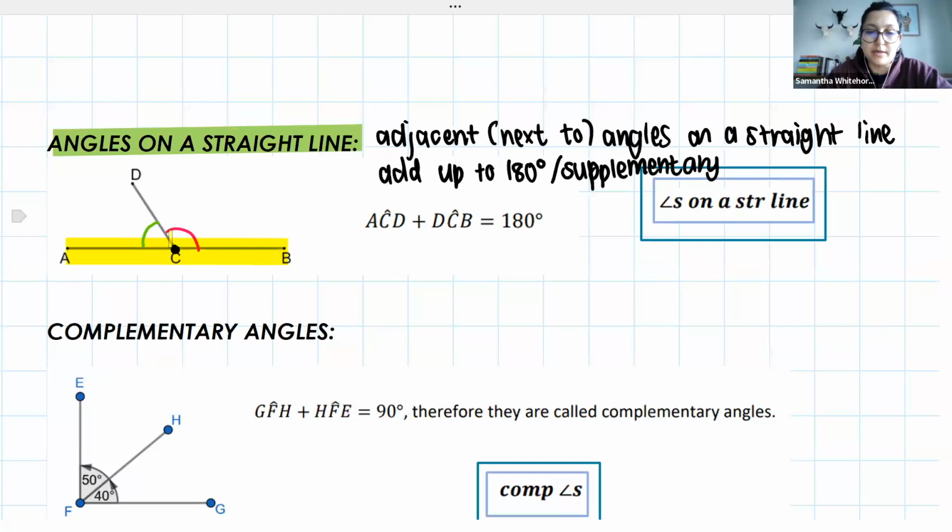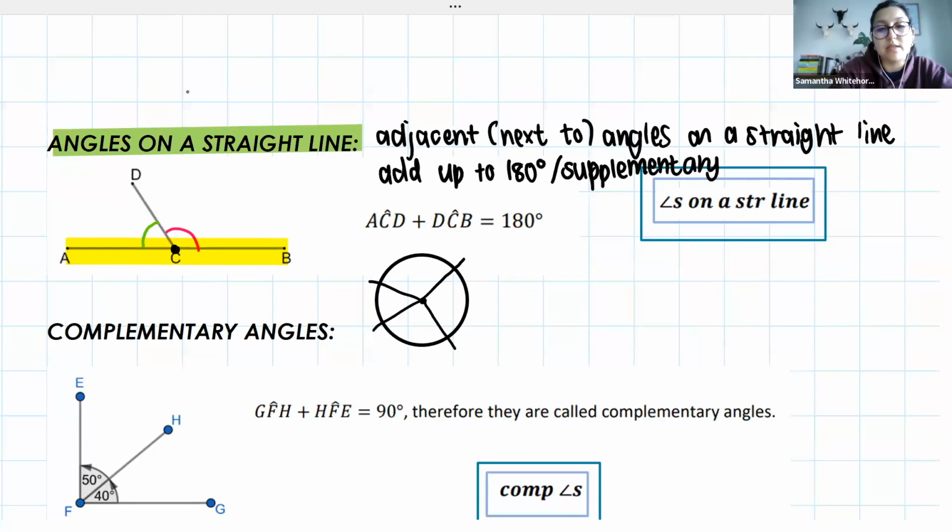So guys, if we go back to the first reason that we learned, the first reason that we learned was the fact that angles around a point, so if this is my central point, all of the angles created around this point, they add up to 360 degrees.